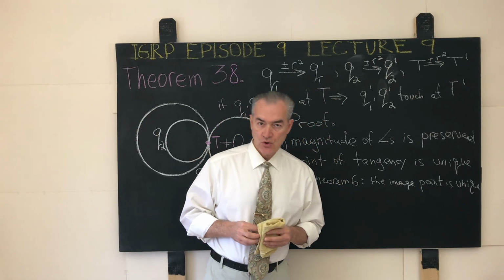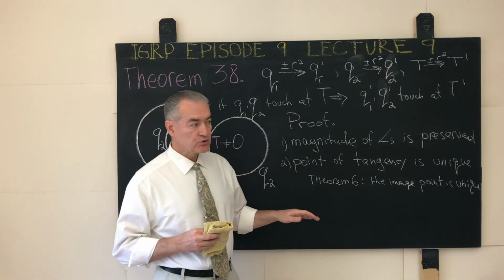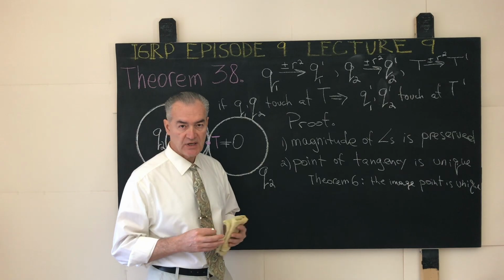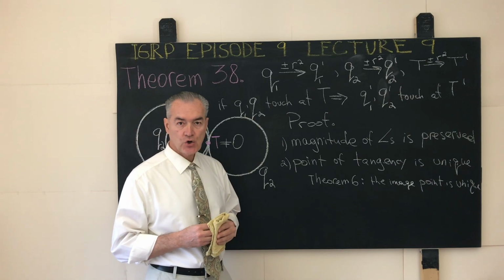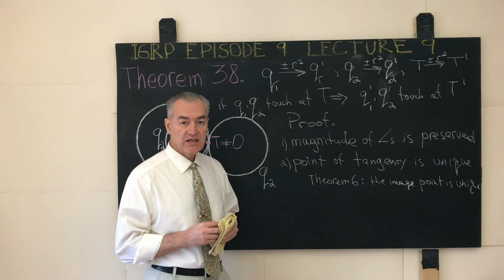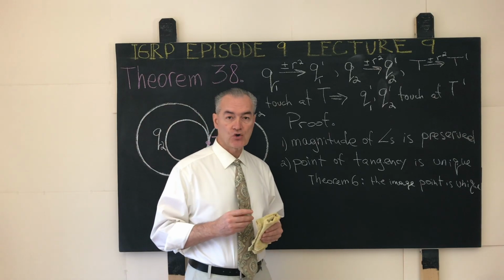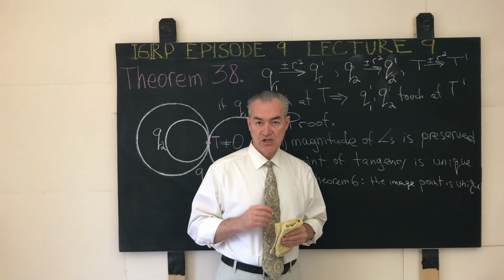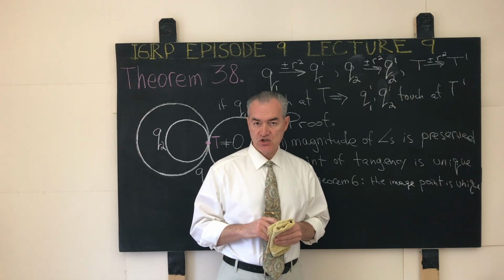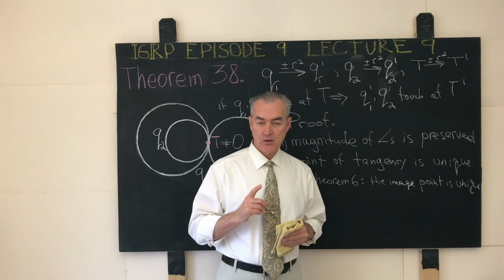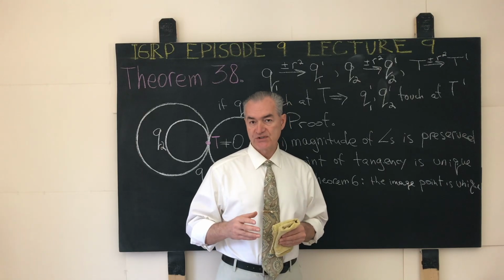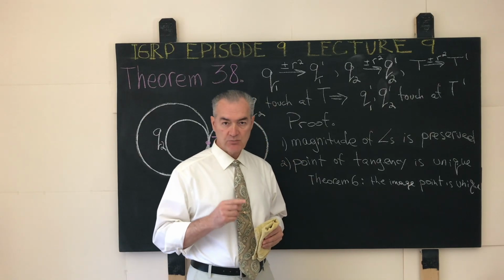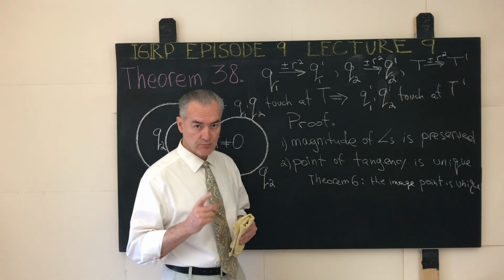Number two, we know that the point of tangency of any two not necessarily coplanar curves is unique in the sense that if two curves intersect or if two curves touch, they necessarily touch each other at precisely one point. Not 2 points, not 3 points, not 17 points, but precisely one, exactly 1 point.